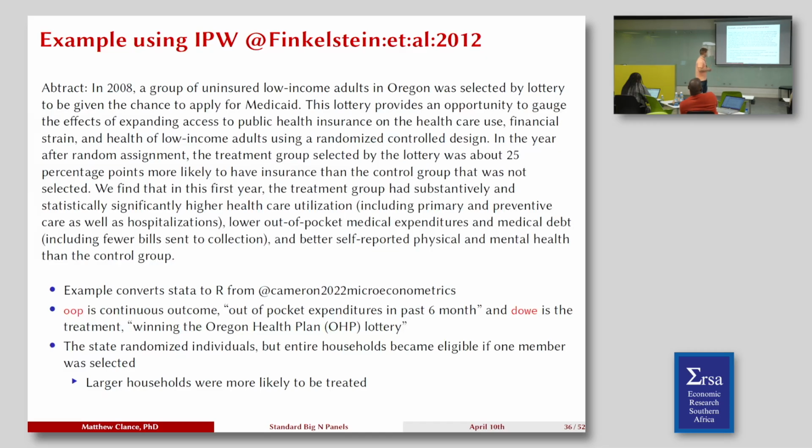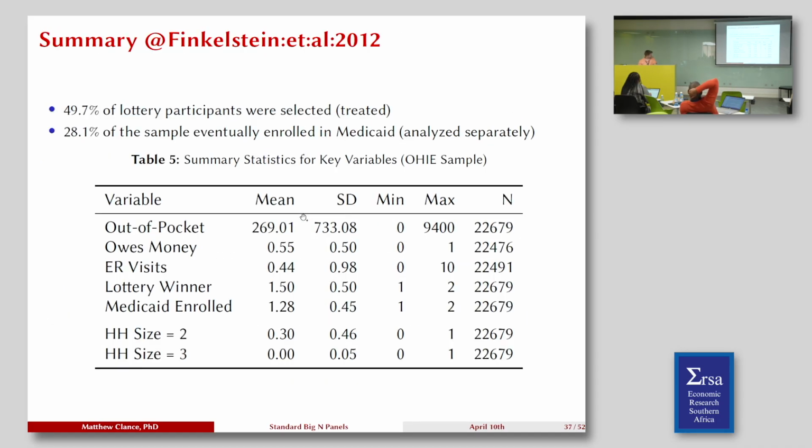Okay, let me just make sure I got all this. Trying to make sure I'm not missing anything important in there. Okay, that's the general gist of what was going on. So in terms of the lottery system itself and out-of-pocket expenditures, I'm missing something.